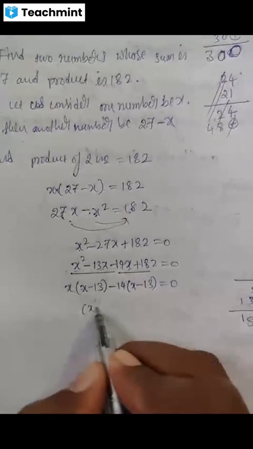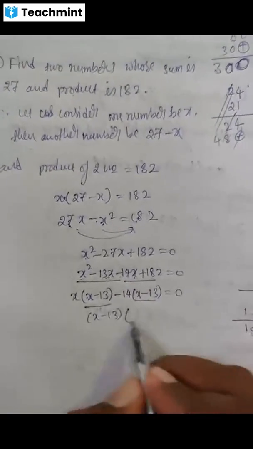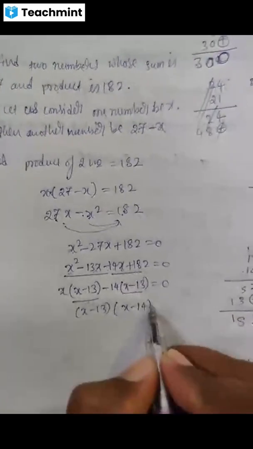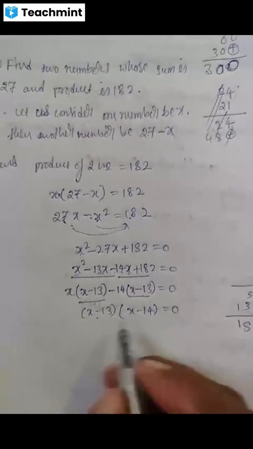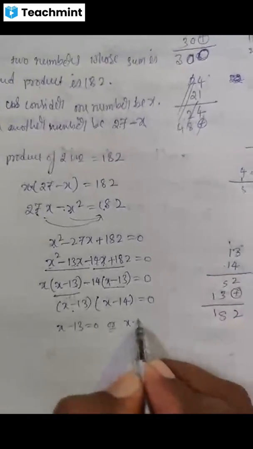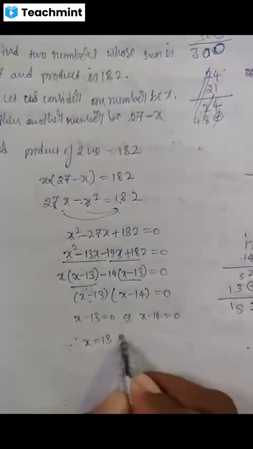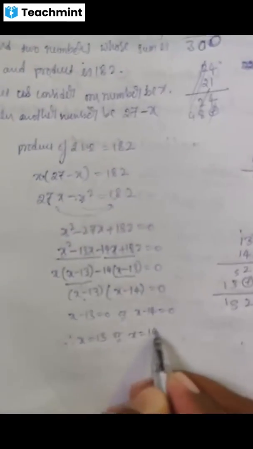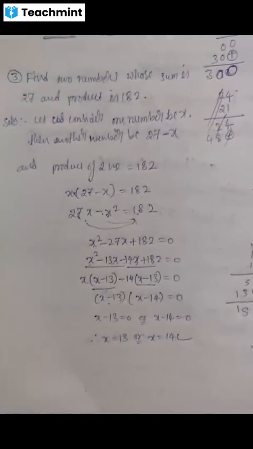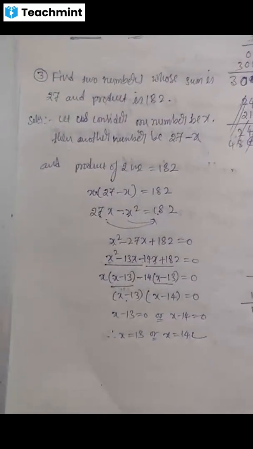So if you take x minus 13 common outside, because both the terms are the same, what will remain? x minus 14 will remain in the bracket. So x minus 13 equal to 0, or x minus 14 equal to 0. Therefore x is equal to 13 or x is equal to 14 are the roots or solutions of the given quadratic equation. Just take the screenshot.